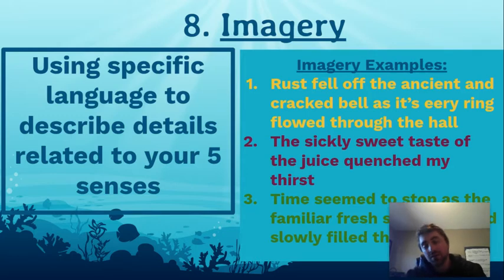And then finally, imagery. This is something we've been talking about throughout the year. It's using your senses and describing them with strong language to explain your surroundings to your audience. So rust fell off the ancient and cracked bell as its eerie ring flowed through the hall. The sickly sweet taste of the juice quenched my thirst.